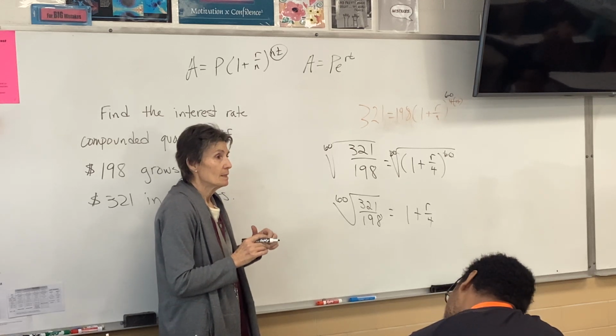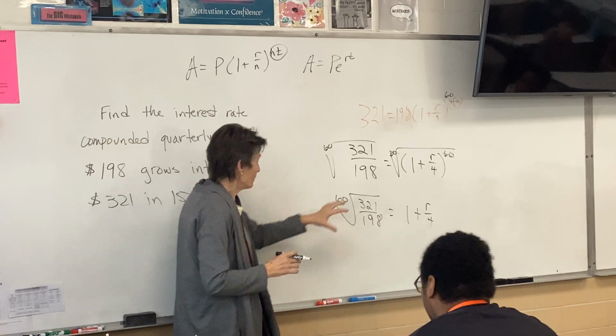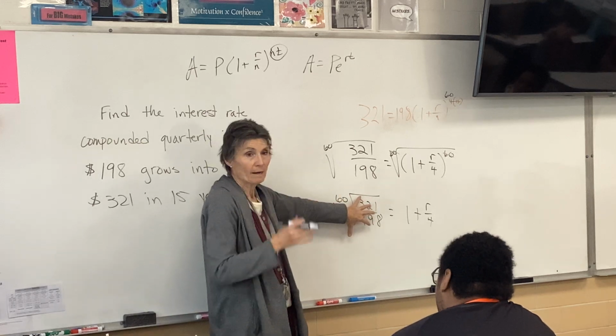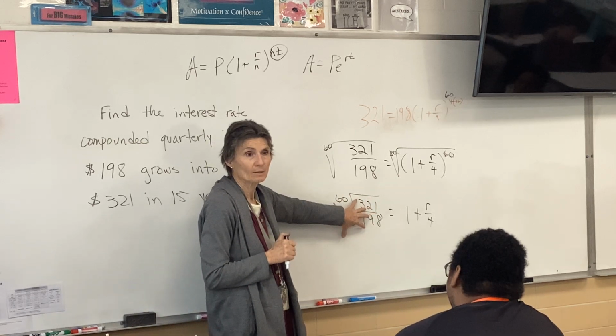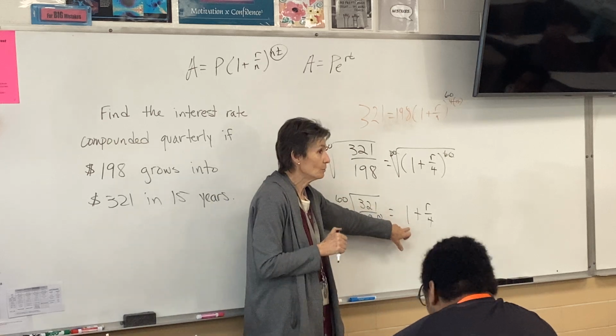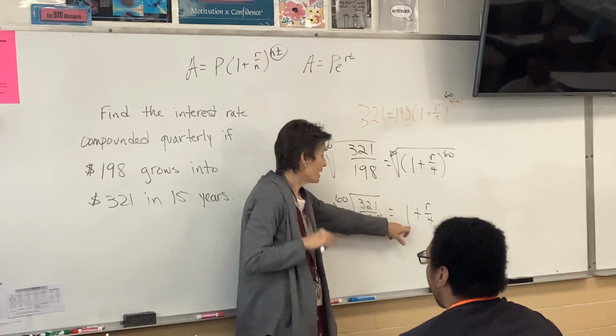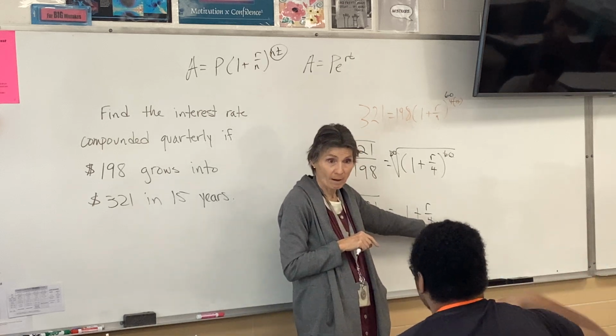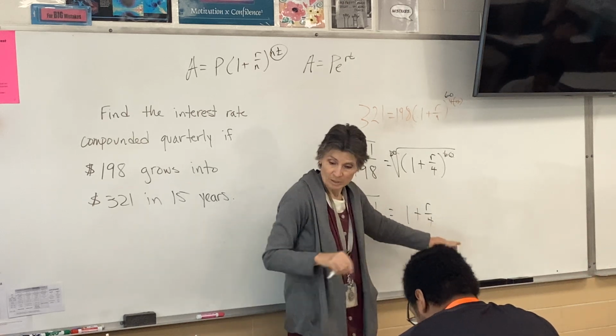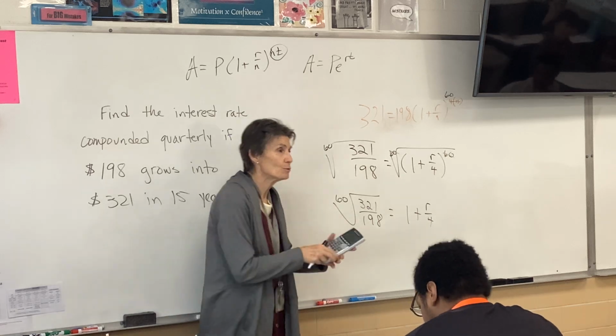Now, you know what you need to do. This is a number. My calculator can figure it out. I'm gonna have to subtract 1 from that number, and then I'm gonna have to times it by 4. So I'm just gonna let my calculator do that.